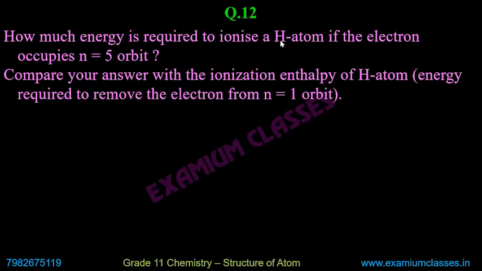Quite a few hands raised. I'll give a chance to Gyanendra, who has raised his hand this time. Tell me the answer. Sir, first we go by the formula such that energy in the nth orbit is 21.8 into 10 to the power minus 19 upon n square.